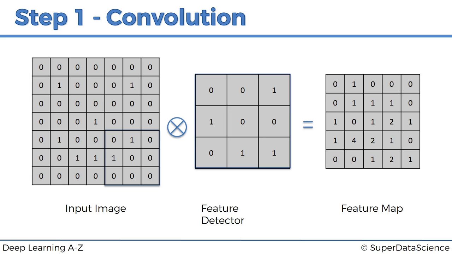The highest number in your feature map is when that pattern matches up. In fact, the highest number you can get, in this simplified example, is when the feature matches exactly. And you can see with that number 4 we have in our feature map, that's exactly where this feature detector, because there are only 4 ones in it, matched perfectly.